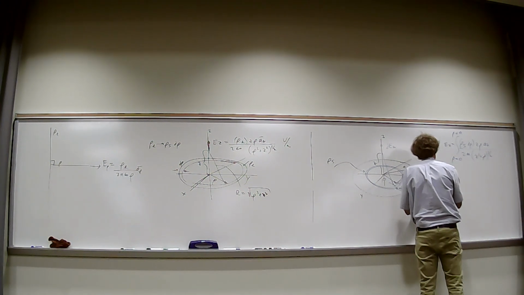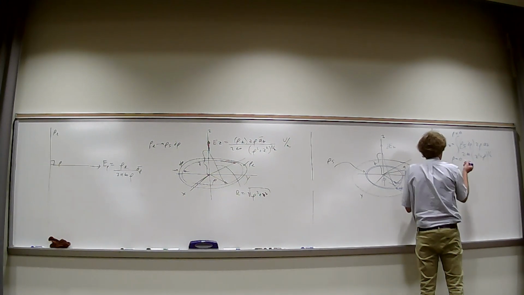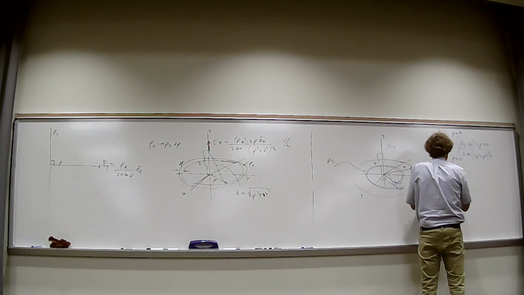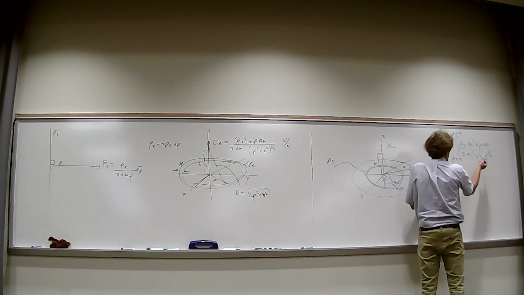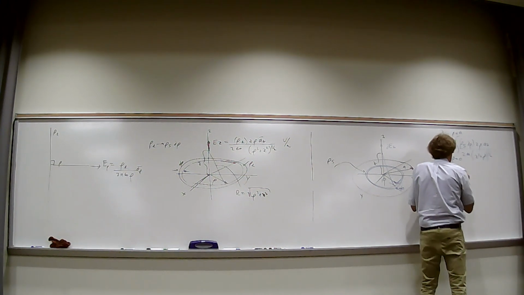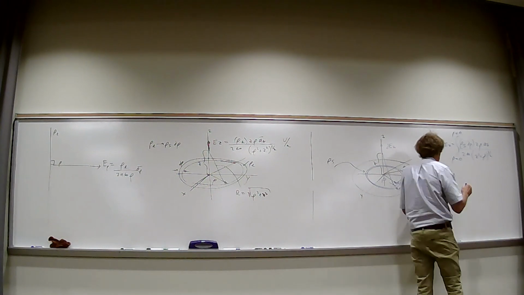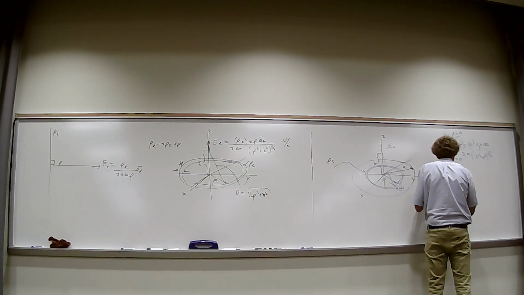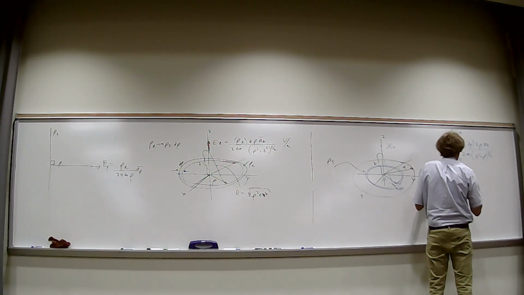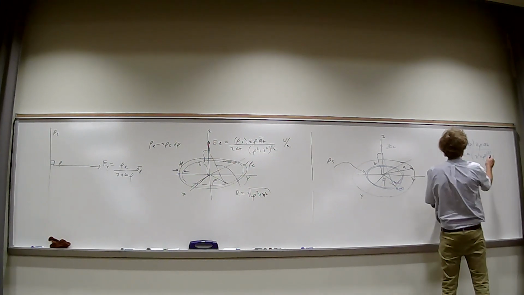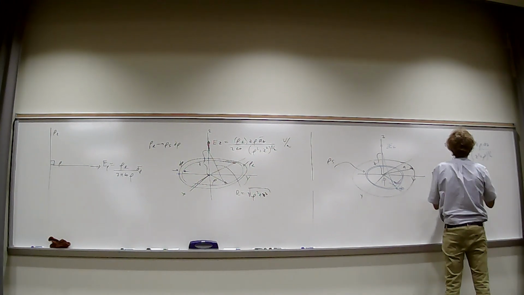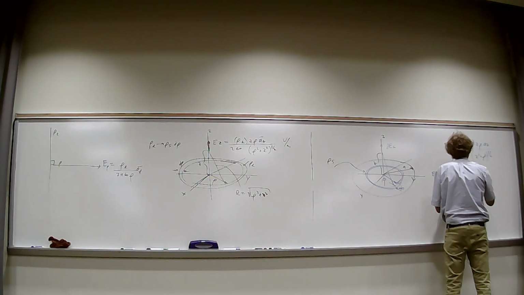So first I take all the constants out. I take rho S out in front. Then I take z. Remember, z is a constant, the given height above the plate. Then I take 2 epsilon naught out front. Now I have to put the integration in here, so I integrate from rho equals 0 to rho equals a.